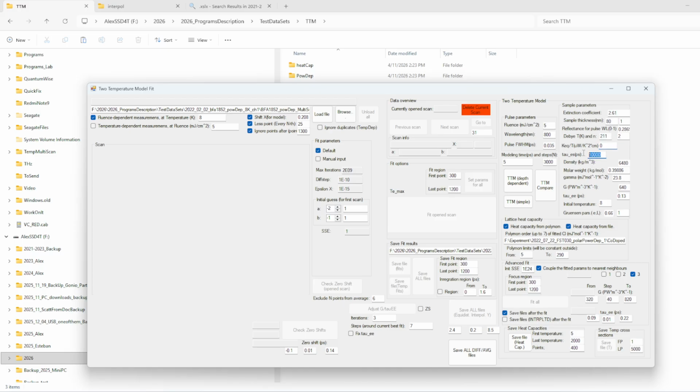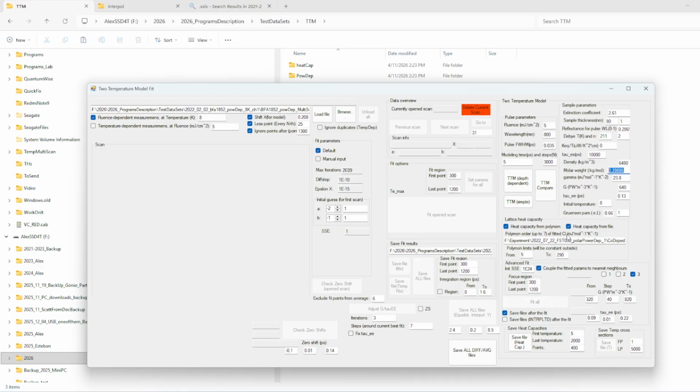The thermal conductivity and escape time are also used only for the depth-dependent model, and I will go into detail in the depth-dependent video. Then you have density and molar weight that you should include from the previous references. These parameters will be used to recalculate the heat capacity in the correct units.